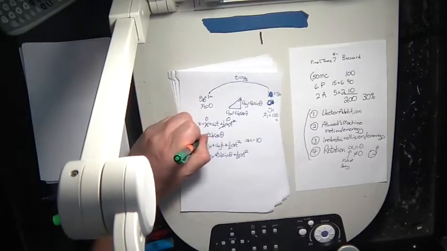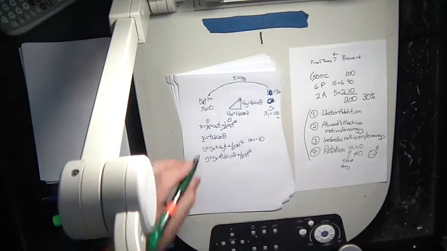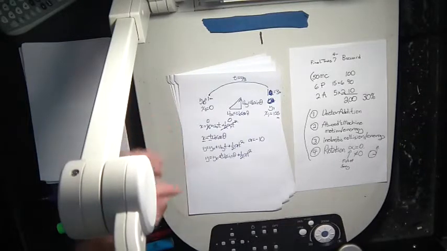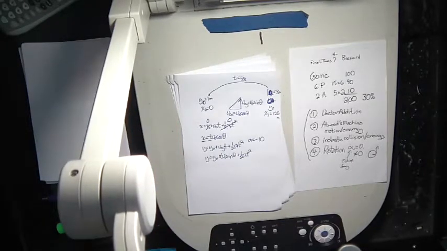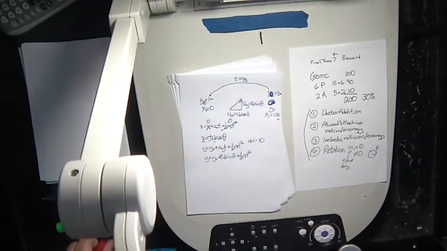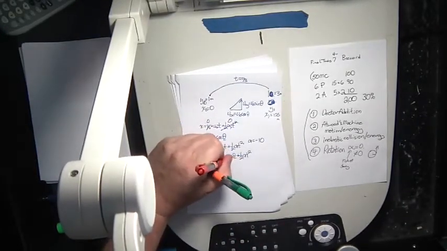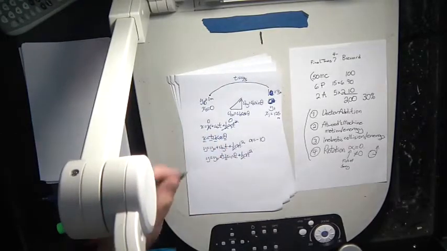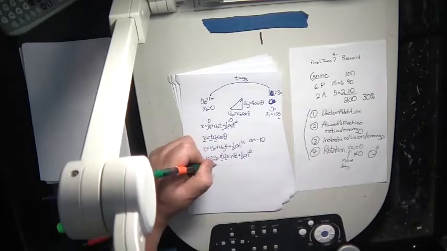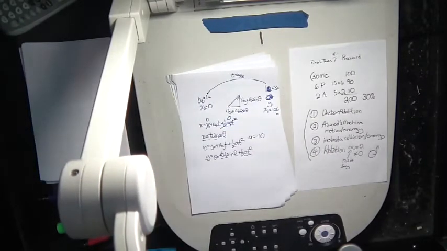Final X, 125, yes, I know that. Time is 7, yes, I know that. I don't know V naught or theta. I do, however, know initial and final Y, A, and T. So this is a 2-equation, 2 unknown problem.